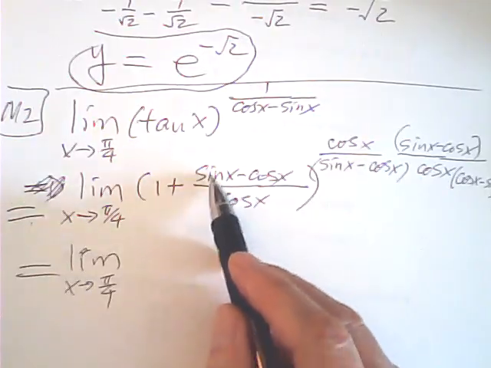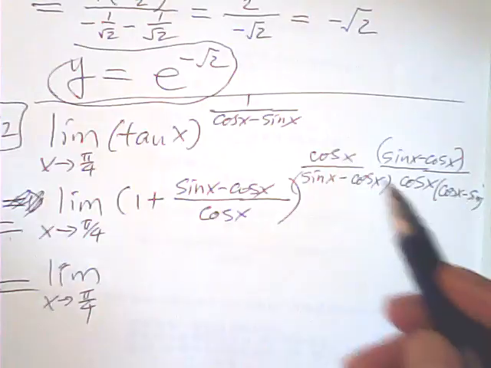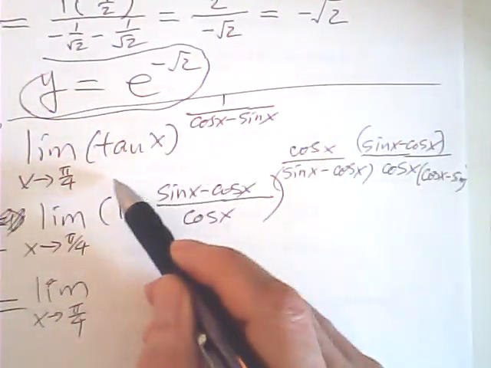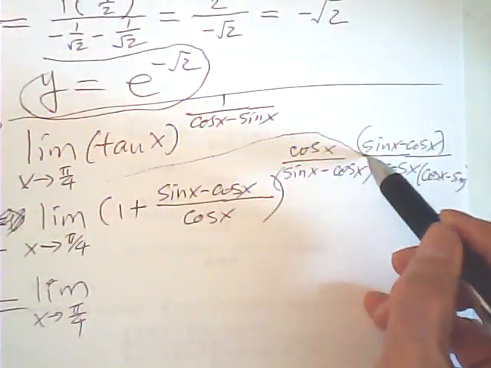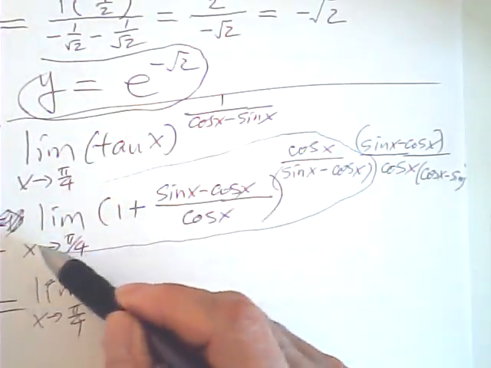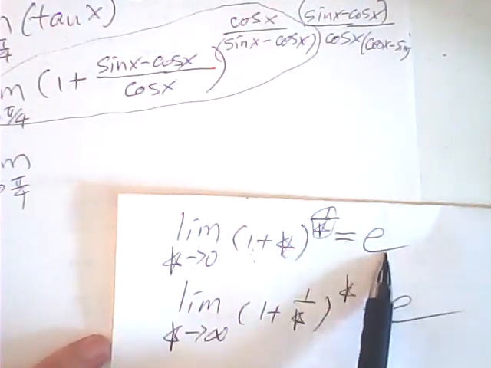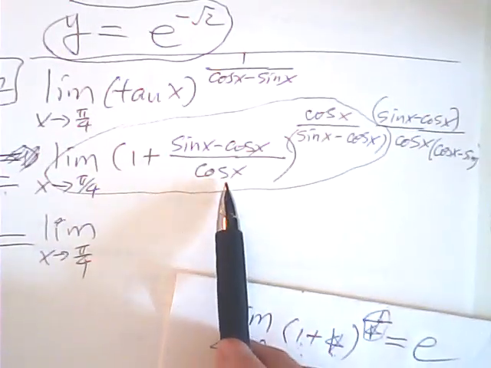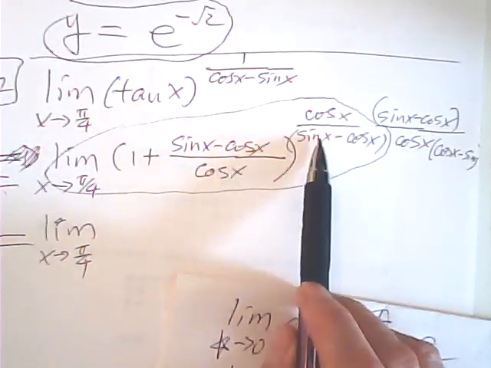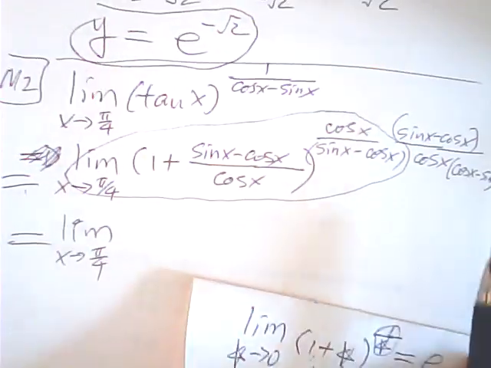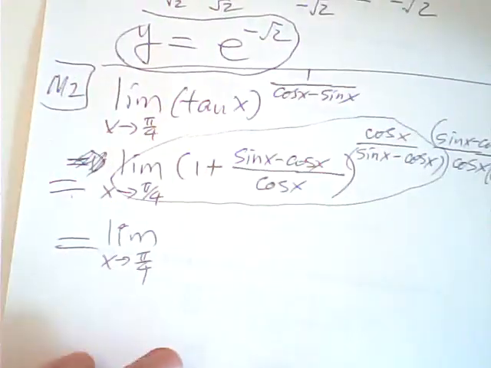No, sorry. This goes to 0. And this limit goes to e. Because this goes to 0, this is 1 over that, the reciprocal of that. So the whole thing becomes e.